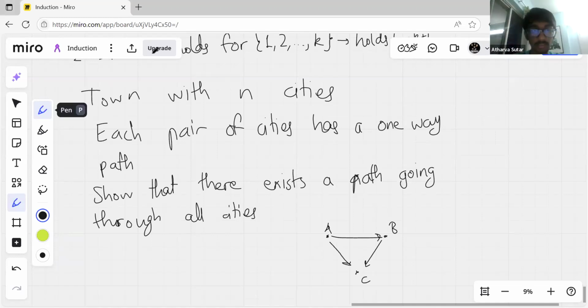Okay. Does anyone have any ideas? Nikhil, if you don't know how to write a proof, you can just explain what your idea is.